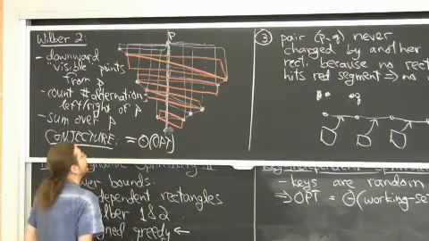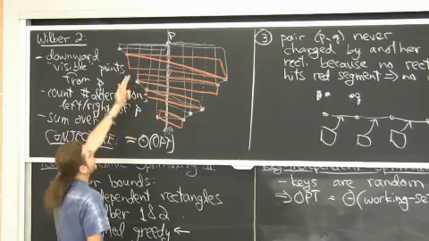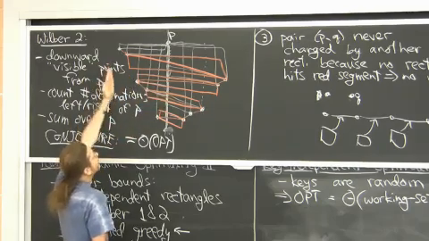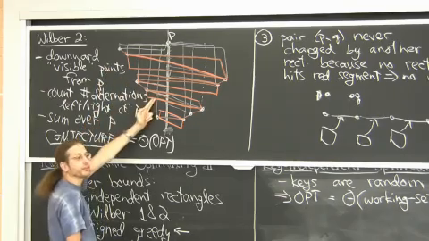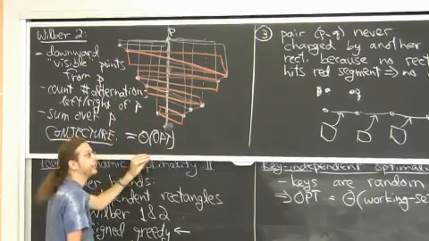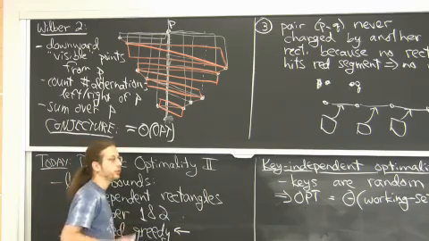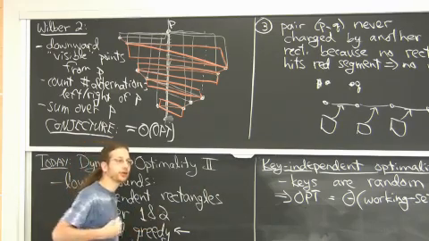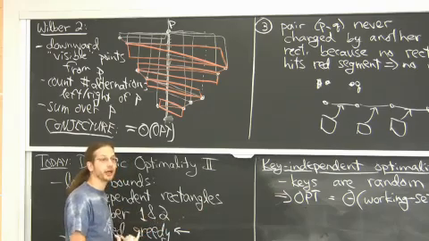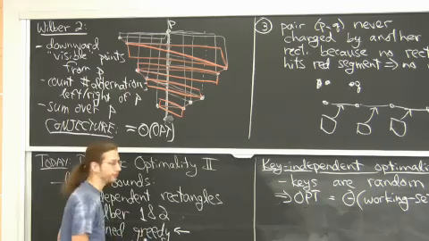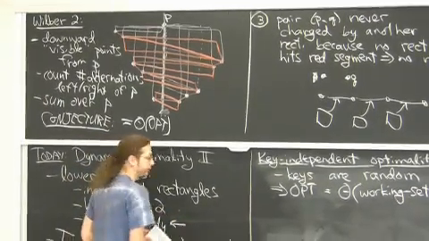And you may know that if you have n random numbers and you want to know how many times the max changes as you take larger and larger prefixes of those n numbers, the answer is log n in expectation. Because the more points you have, the less and less likely it is for the max to change.